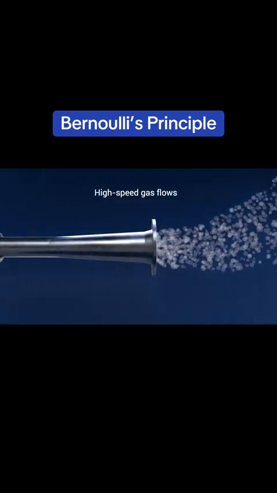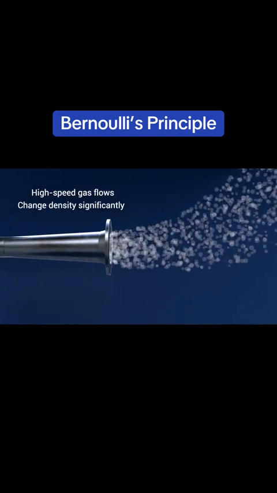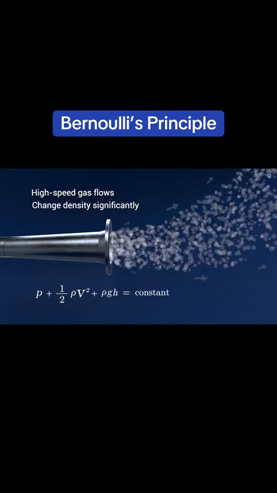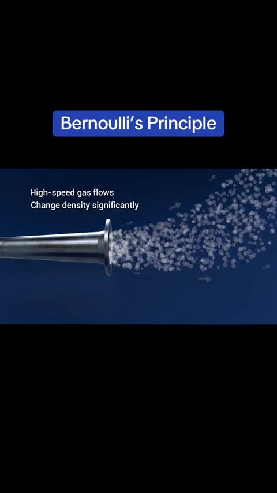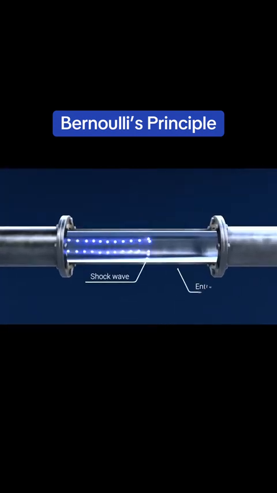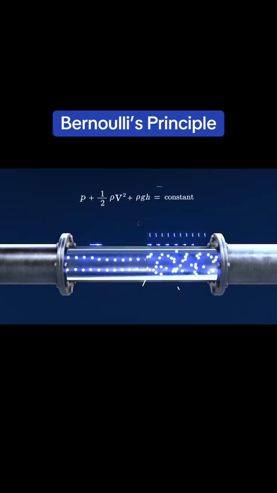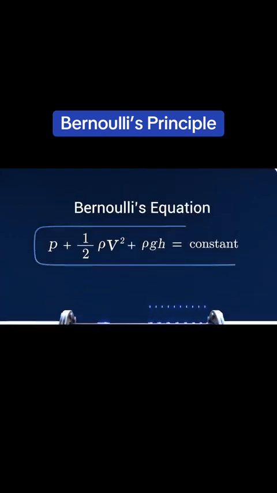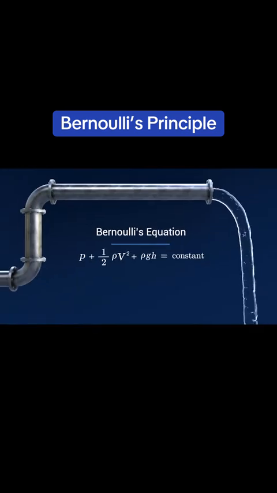In compressible high-speed gas flows, density changes become significant and the incompressible form of Bernoulli's equation is no longer valid. Across shock waves, entropy increases and mechanical energy is not conserved, meaning Bernoulli cannot be applied directly. Understanding these limitations is essential when applying Bernoulli's equation in real engineering systems.